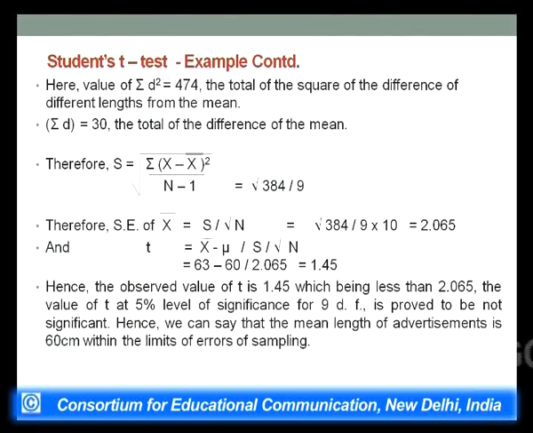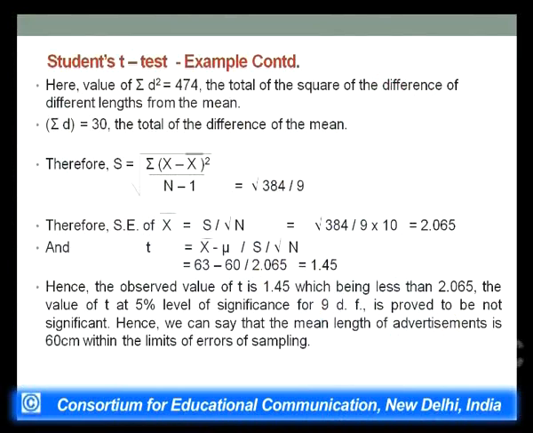So the way you will calculate it is that you will compare both the values, the t value with the standard error value, and if it is less, then it is not significant. It means your sample is well drawn and matches with the population.